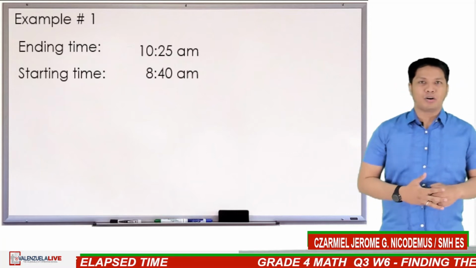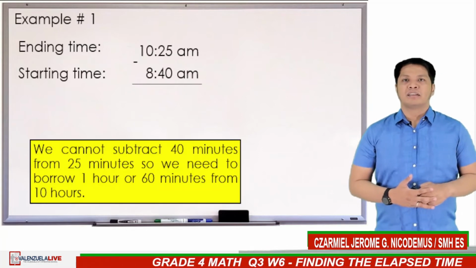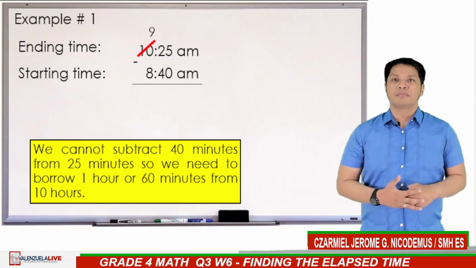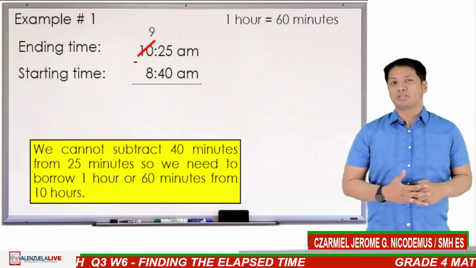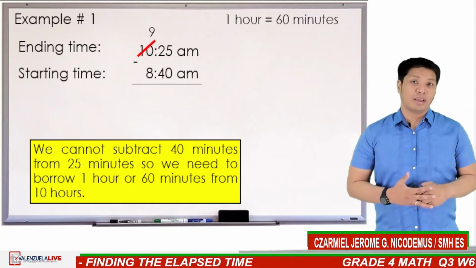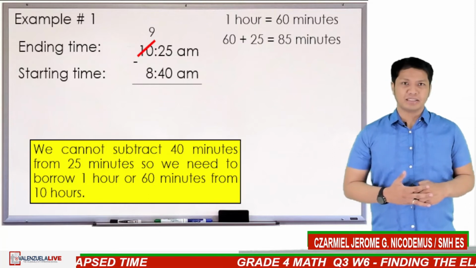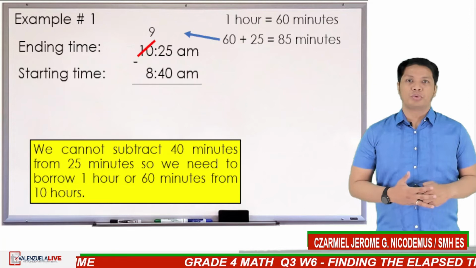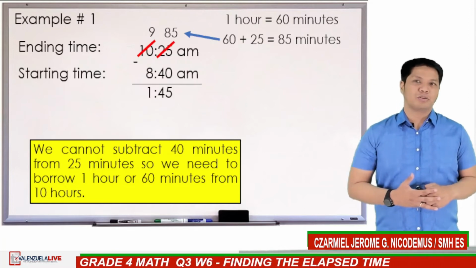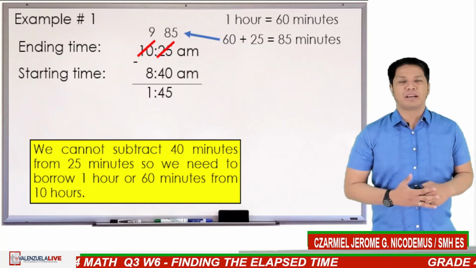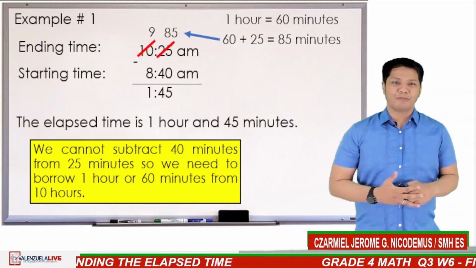So we need to borrow 1 hour or 60 minutes from 10 hours. 10 hours will become 9 hours. Then, as we all know, 1 hour is equivalent to 60 minutes. So if we add 60 minutes to 25 minutes, it will be equal to 85 minutes. 85 minus 40 is equal to 45. Then 9 hours minus 8 hours is equal to 1. So the elapsed time is 1 hour and 45 minutes.